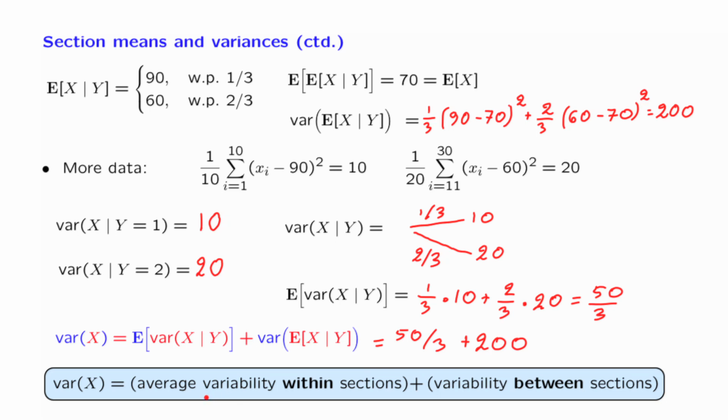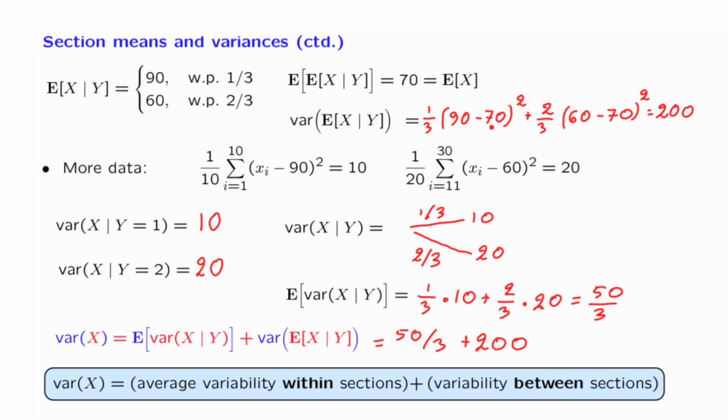So we look at the variability of the scores within a typical section, and then we average over all the sections. The other term looks at the means in the different sections and figures out how different are these means.